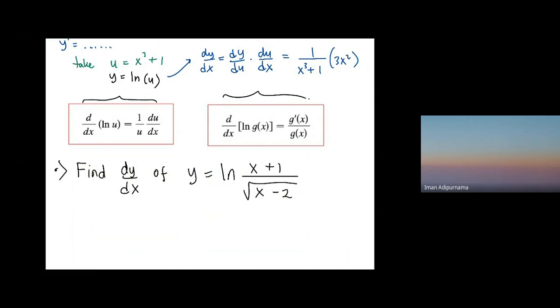So the question is, find the first derivative, or dy dx, of the equation y equal ln of x plus 1 over square root of x minus 2.